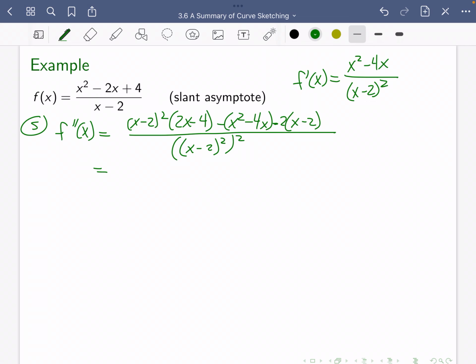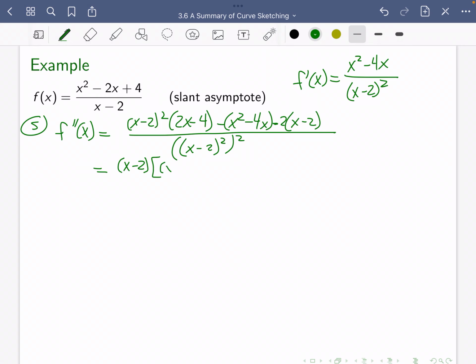If we were to multiply all of this mess out, things that I might observe is we have an x minus 2 here, and we have an x minus 2 in this piece. So we can factor out an x minus 2.